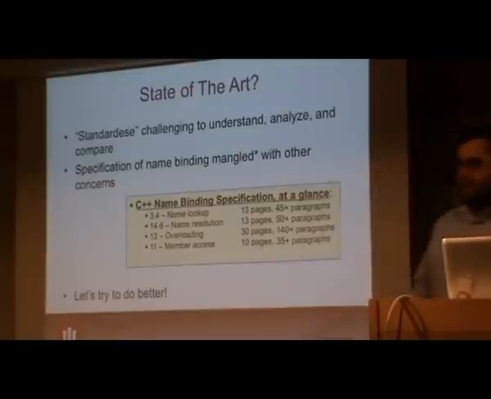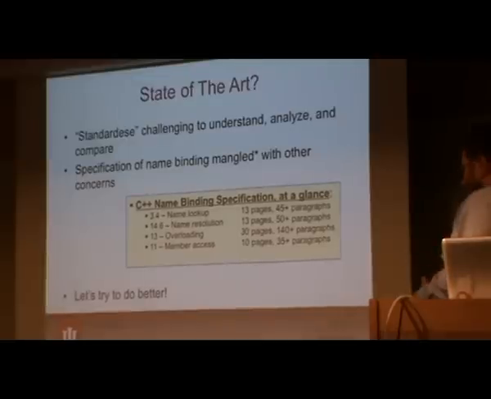If you want to understand how you will look up a function name, you have to go through lists of special cases, and you have to understand what happens when you are in this situation, what happens when you are in that situation. We found that it's really hard to understand, and interestingly, many compilers that are considered mature still get some small things wrong here and there.